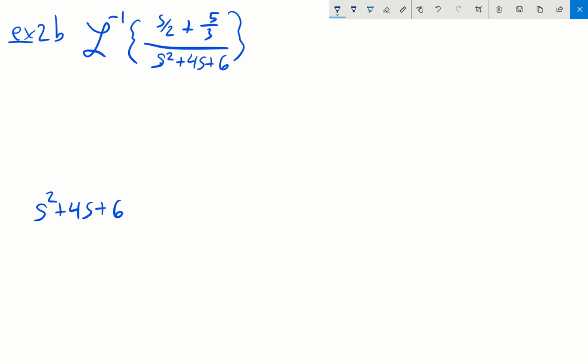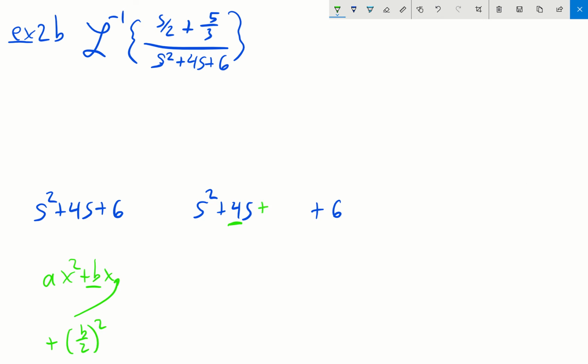Well, what we're going to do is complete the square on this. So we want to rewrite this denominator by completing the square. We have our s squared plus 4s, and I'm going to move that constant term of 6 over here. If you recall, to complete the square on something of the form ax squared plus bx, you need to add half of the coefficient of x, squared.